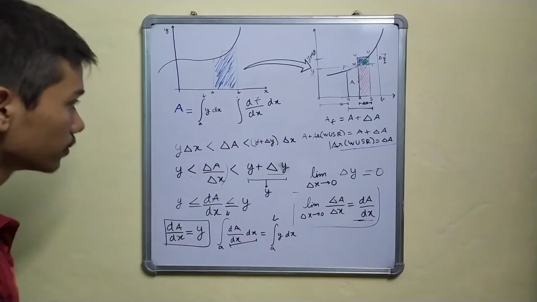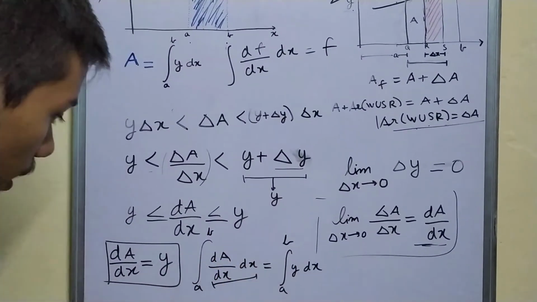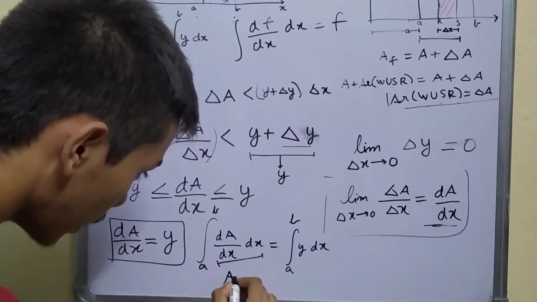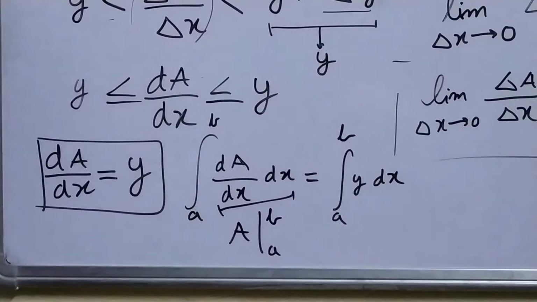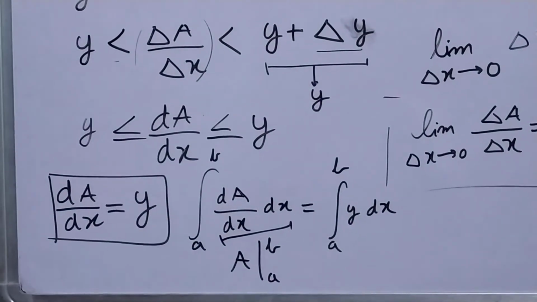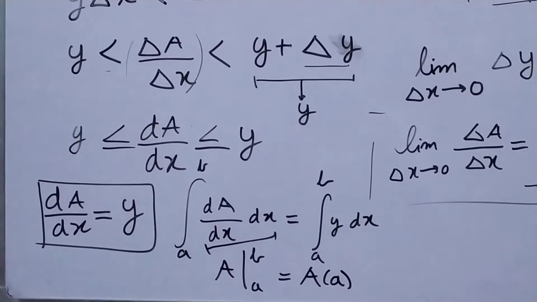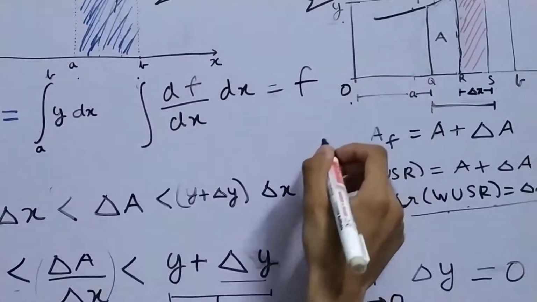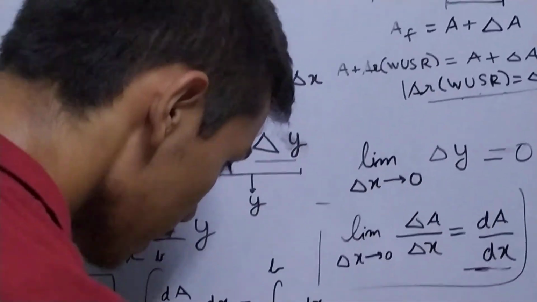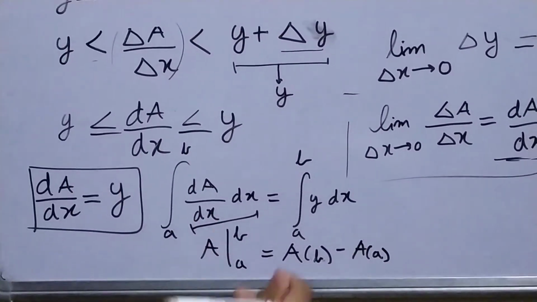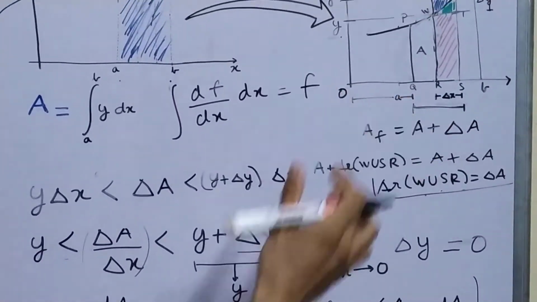So similarly, since you will get f in this case, you will get A, but your A will have the limits from a to b, which means your area till b minus area till a, from 0 to this point minus 0 to this point.